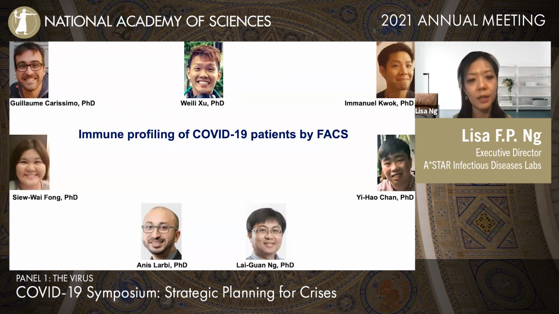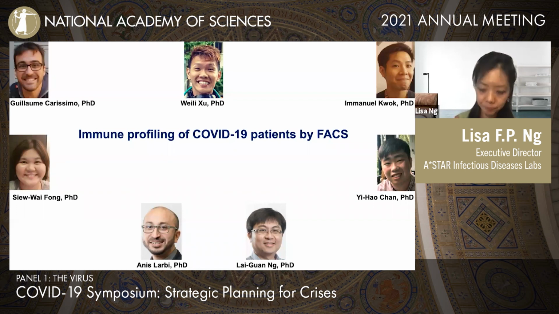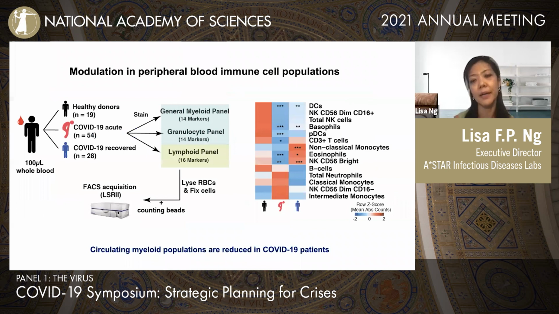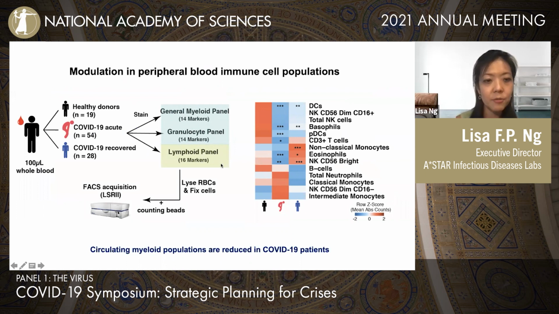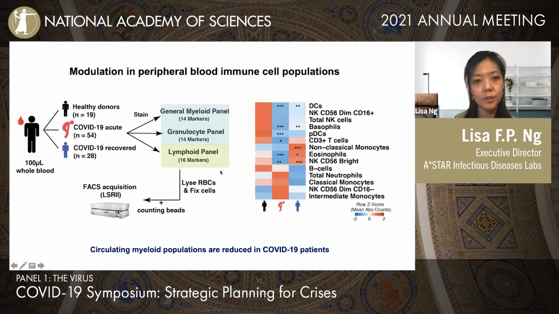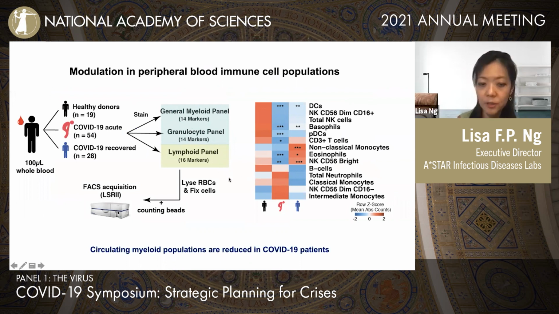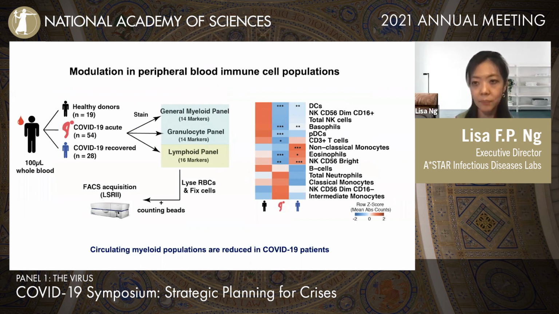So I'll move on to the last part of our immune phenotyping study in patients, and this is done by flow cytometry. By using a wide FACS panel of more than 50 markers, combining the myeloid panel, granulocyte panel, and the lymphoid panel, we were able to show the differences in the patterns and what immune markers were upregulated during the acute infection.